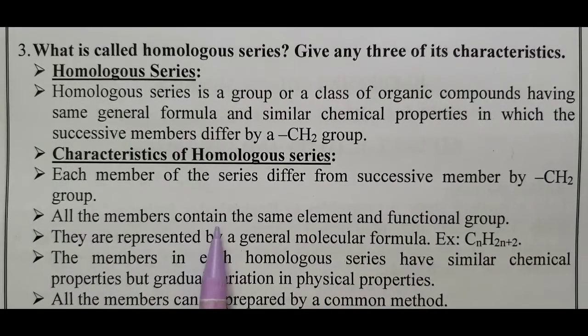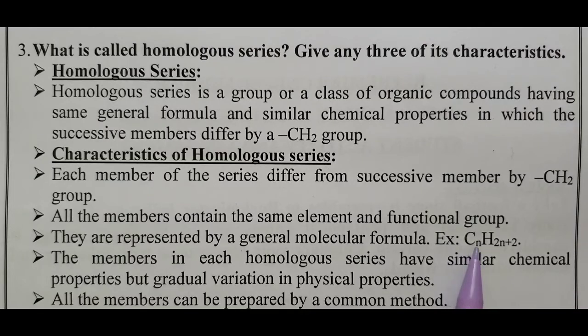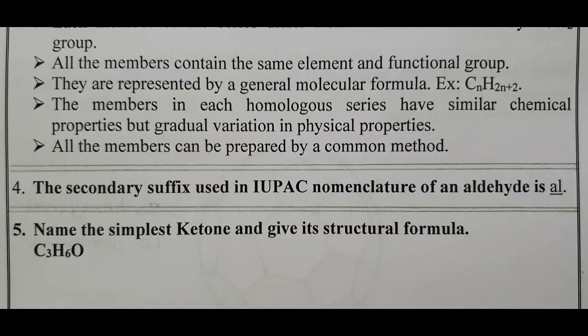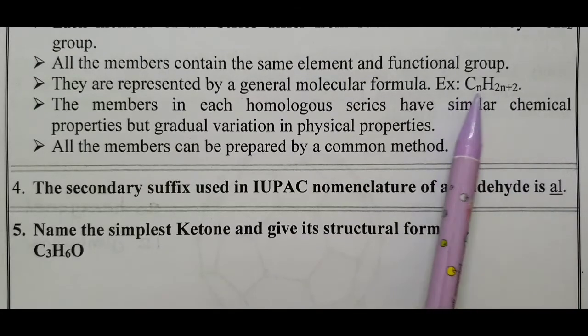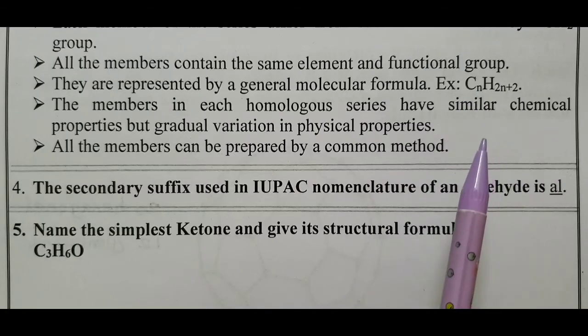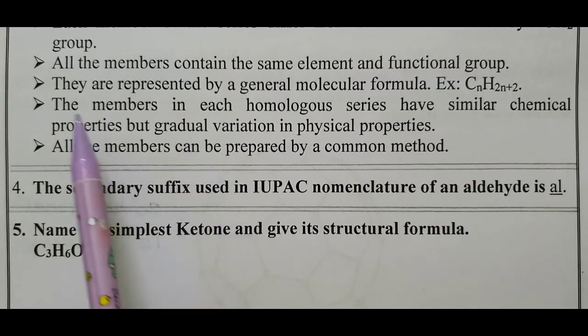All the members contain the same element and functional group. They are represented by a general molecular formula. Example: alkane CnH2n+2, alkene CnH2n, alkyne CnH2n-2. Alcohol, aldehyde, ether, ketone, carboxylic acid can all be written by a general formula, and are all homologous series.